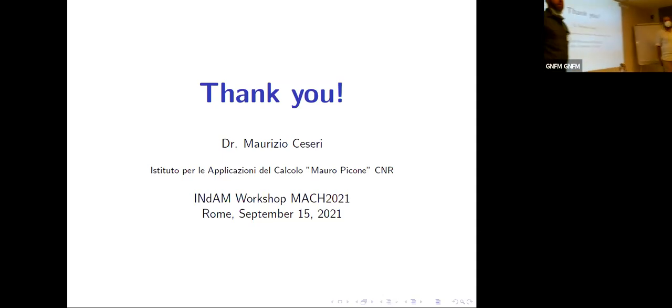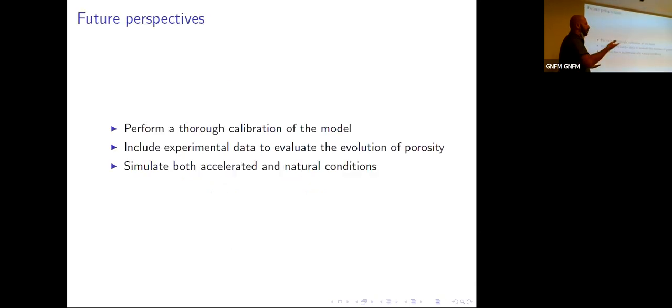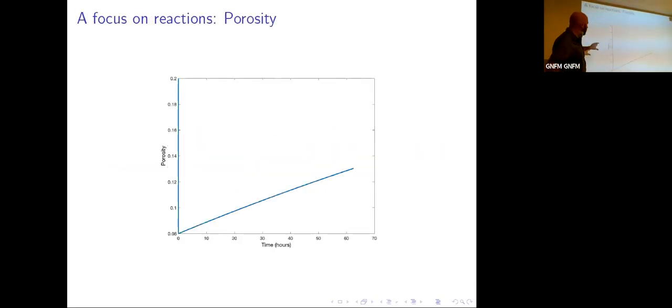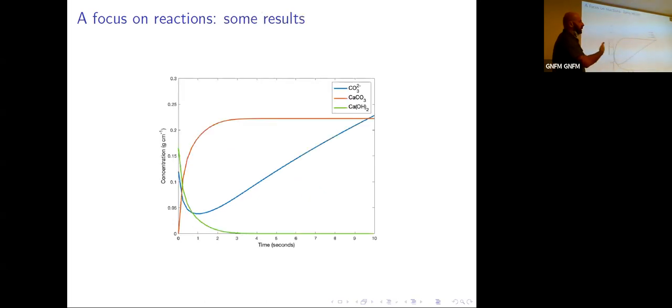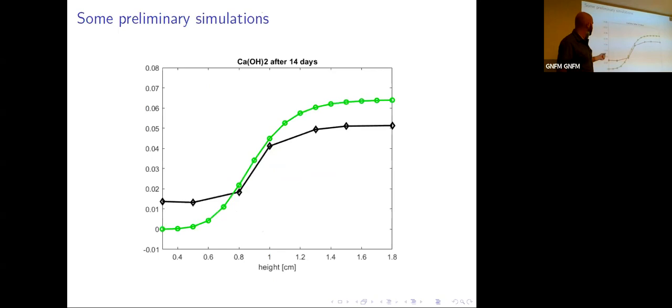Any other questions, remarks? I have a question. Your model seems to capture very well the overall behavior of the reaction. But do you have any idea why the beginning of the reaction and the end of the reaction are underestimated? Where does the difference between the data and the model come from?